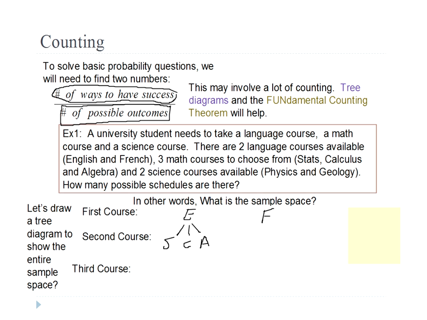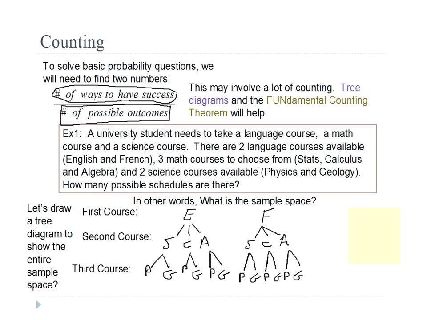In fact, if I chose French, those same courses apply here. And my third course can be either physics or geology. And so you can see how this branches out, which is why we call this a tree diagram. This is much like a family tree.